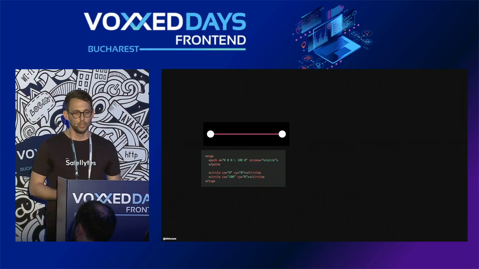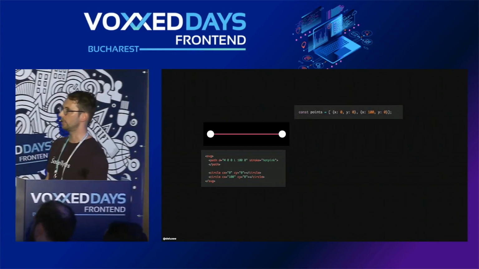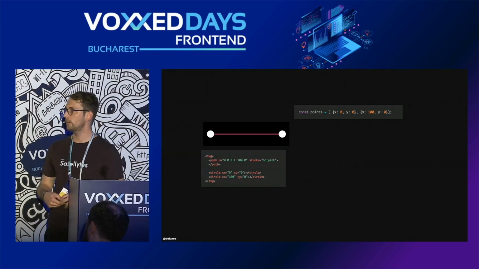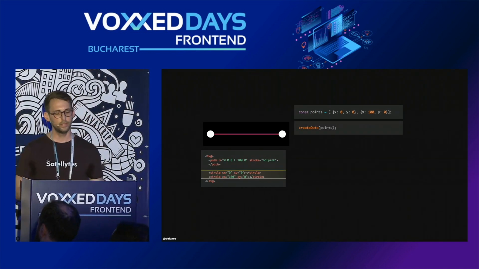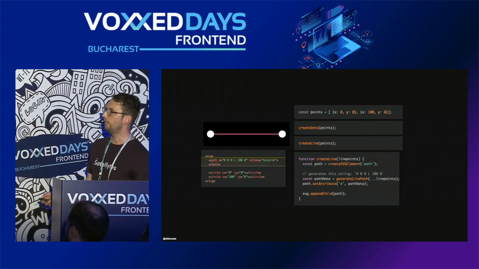First, we need to collect our 2 endpoints as a list of coordinates. We can pass that list to a function called createDots to create the 2 dots here. Next, we call a function createLine where we can build the path element.